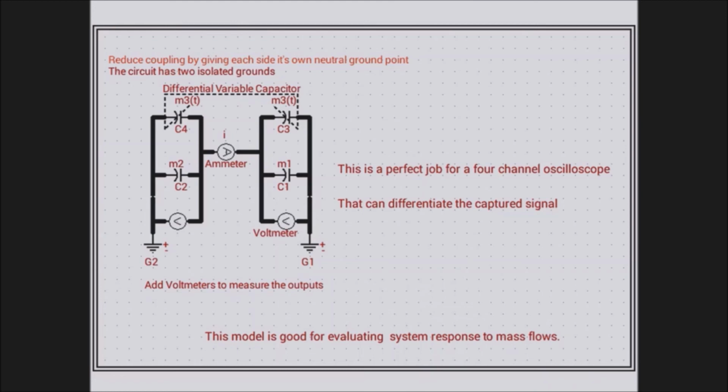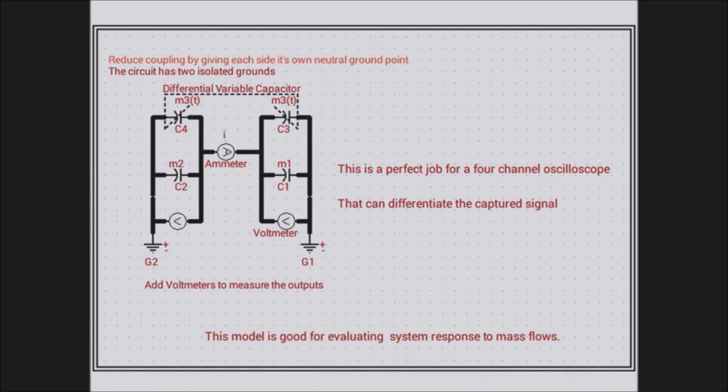In particular, no coupling at the ground. We have introduced the component, the neutral ground circuit, and so we have it here. And we will use it to reduce the coupling. And this is what we do.